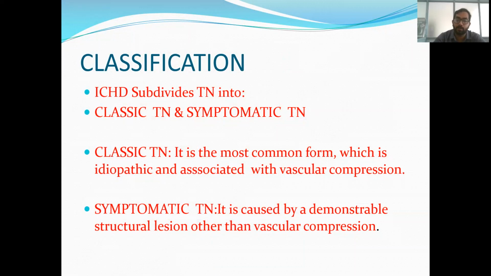Classical trigeminal neuralgia is the most common form, which is idiopathic in nature and associated with vascular compression. Symptomatic trigeminal neuralgia is caused by demonstrable structural lesions other than vascular compression.